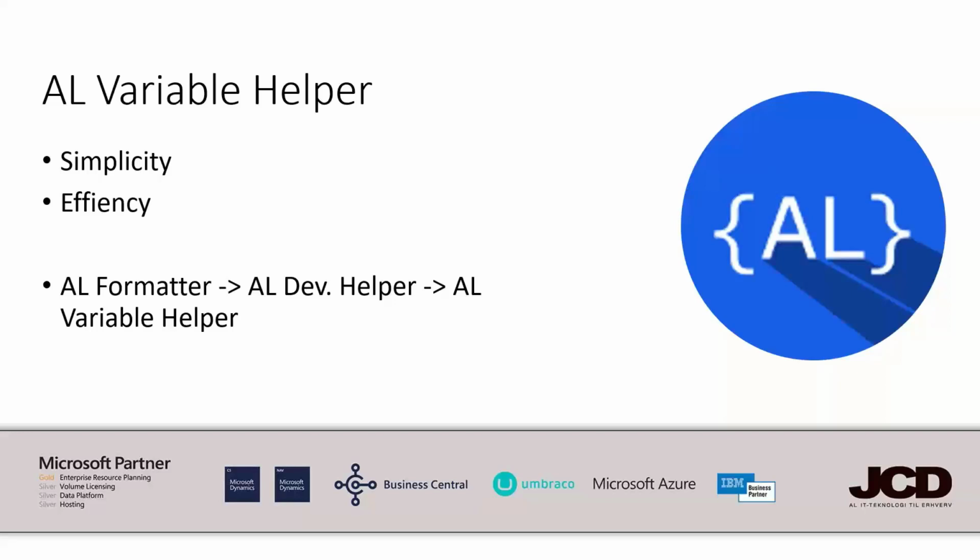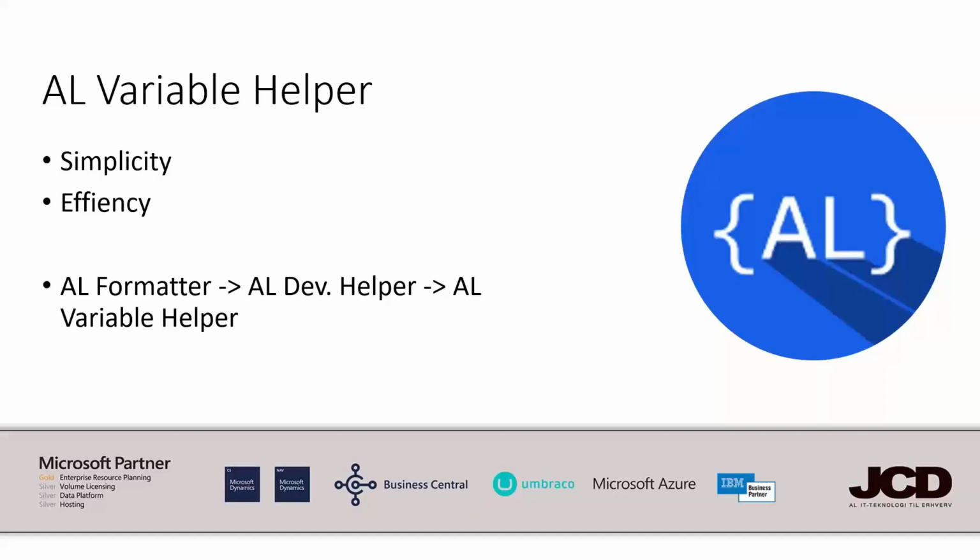I introduced some of the tools that I had in the AL formatter to our internal extension, and later on I came up with the idea that maybe some of the features were also great for the general public. So instead of only having it internally, I created what is now called the AL variable helper. And I tried to, again, make it as simple as possible and as efficient as possible.